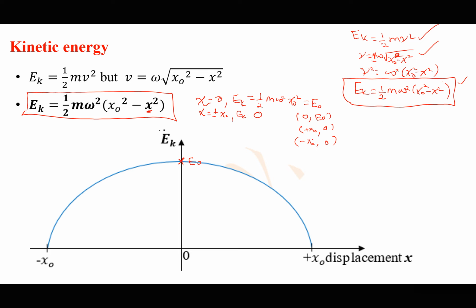Then when x is positive or negative x naught, when I substitute in the equation, kinetic energy goes to 0. That's why the graph touches this point here and this point. The only way we can join these is by drawing a smooth curve, just like that one. So that will be the graph for kinetic energy against displacement. Let us also see what happens to the potential energy.